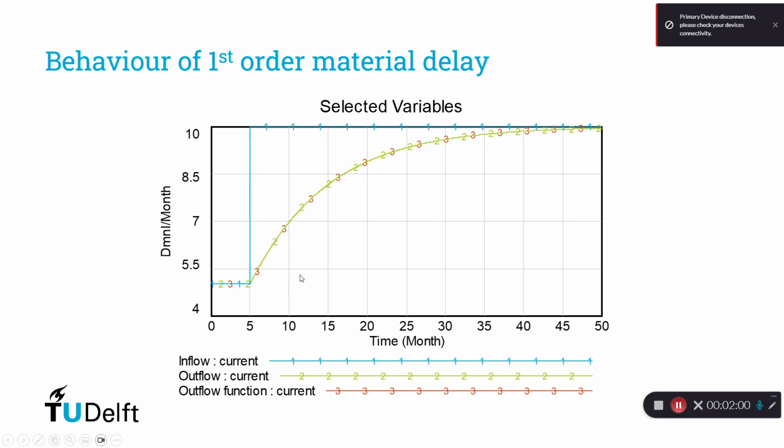Now, if you give a step function as an input to this function or to the structure, then you see that they behave exactly the same, as intended. So you see that there is a delayed, first order delayed response to the step function, and the average delay time is, well, probably somewhere here.